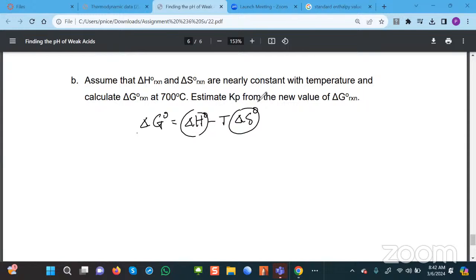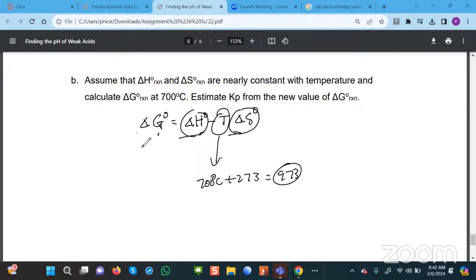You look up the delta H values for the reactants and products, find the difference, and that will give you delta H, and you do the same thing for delta S. Then you find delta G using those same values, but this time the temperature is 700 degrees Celsius, which you have to convert to Kelvin. So you add 273 to that, which gives you 973 Kelvin.